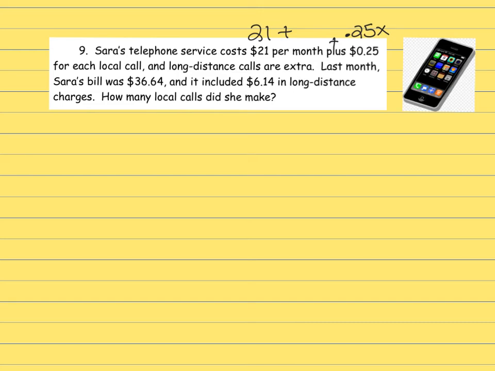So last month her bill was $36.64. So that's going to be set equal to the sum of 21 plus 25 cents for each local call, but it included a $6.14 in long distance charge. So I'm going to add that to the $21.